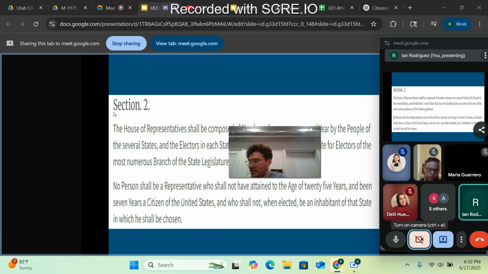It says the House of Representatives shall be composed of members chosen every second year, so every 2 years, by the people of the several states and the electors in each state, yada, yada, yada. None of that matters. No person shall be a representative who shall not have attained the age of 25 years and been 7 years a citizen of the United States, who shall not, when elected, be an inhabitant of that state in which he shall be chosen.